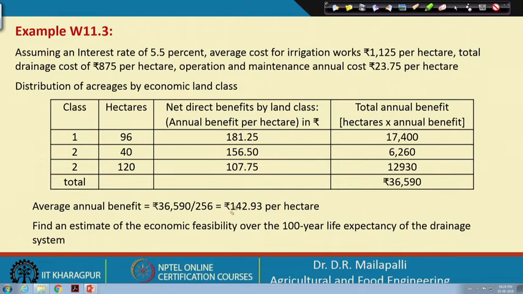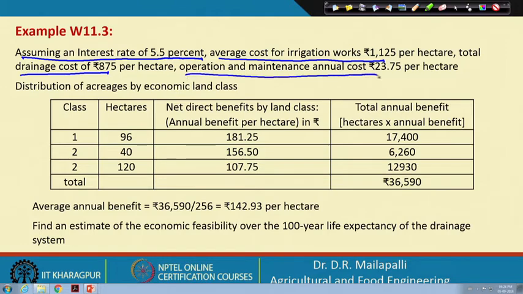And here example 3, the drainage project economic evaluation. Assuming an interest rate of 5.5%, the average cost for irrigation works is 1125 per hectare, total drainage cost 875 per hectare, and the operation and maintenance annual cost is 23.75 rupee per hectare.